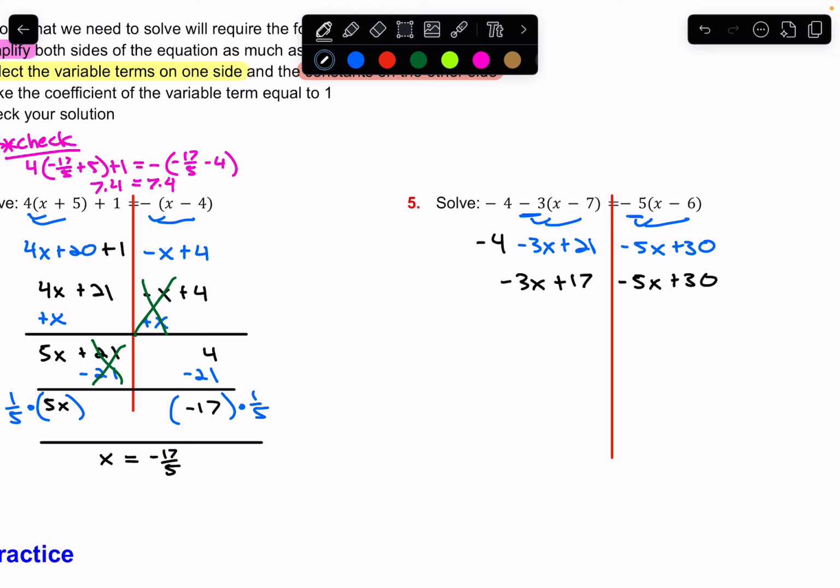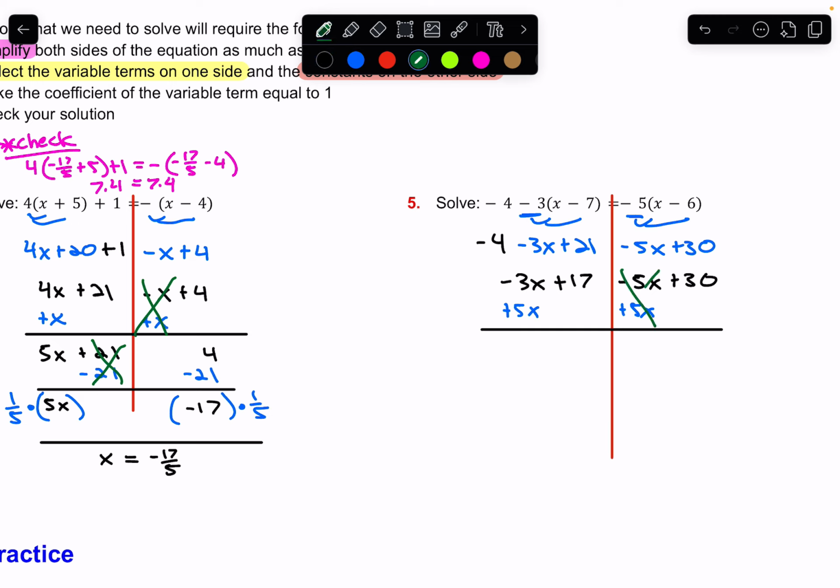So in order to move the 5x that's over here on the right to the other side, I can't literally move it. So instead what we do is we add it to both sides. So I'm going to do plus 5x and plus 5x. That is going to cancel out the 5x's on the right. And on the left side, negative 3x plus 5x is positive 2x.